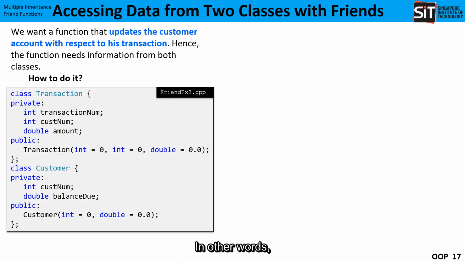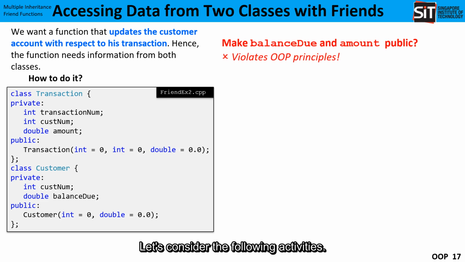In other words, a payment amount from the transaction class is applied to the balance due from the customer class. Let's consider the following activity. How about making balance due and the amount public? Well, no good. It violates OOP principle.